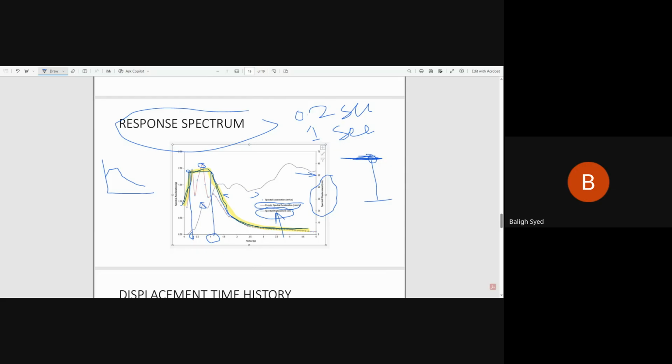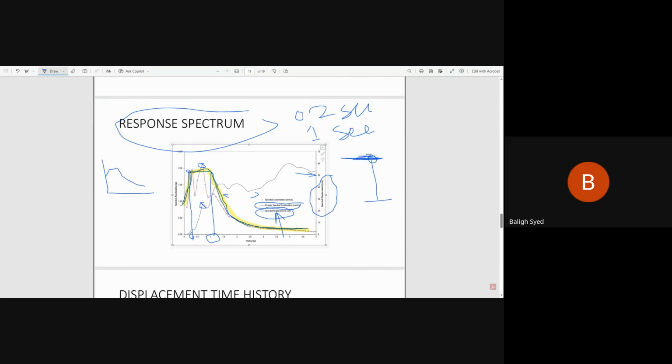What is the reason? The code should have used 0.5 also, 0.675 also, 0.9 also, 0.75 also, 0.55 also, right? Why specifically 0.2 second and 1 second? There is a big reason for it.